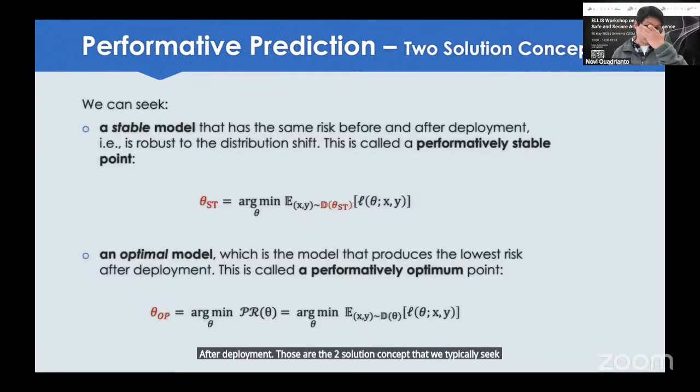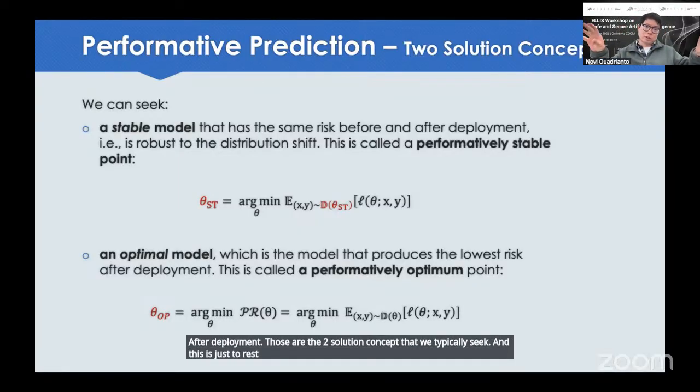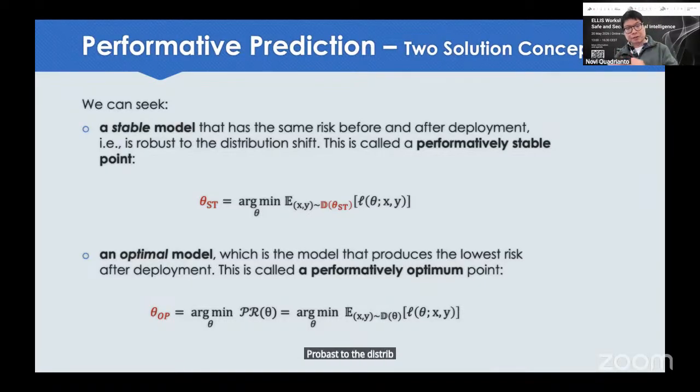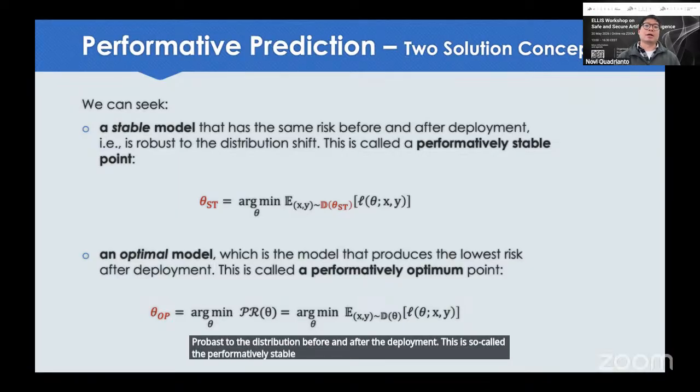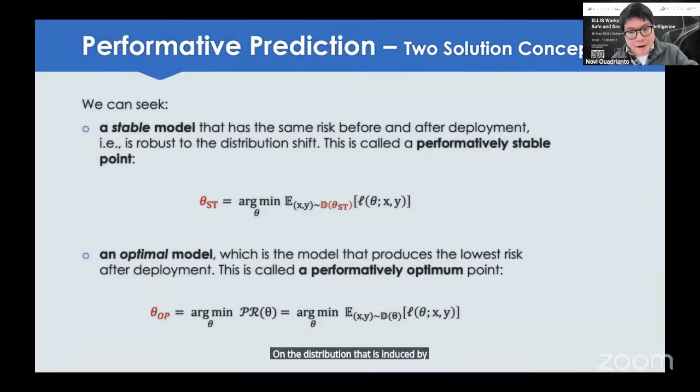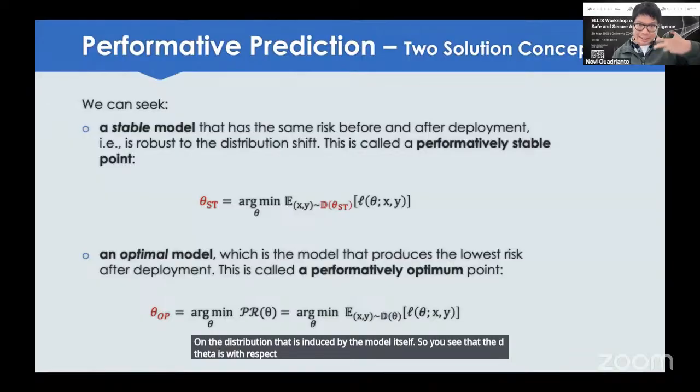And this is just to restate the same two solution concepts. The first one, when we look for the stable model, the model that is robust to the distribution shift before and after deployment, is the so-called performatively stable point, where you find the minimum on the distribution that is induced by the model itself. You see that it is with respect to D of theta stable.